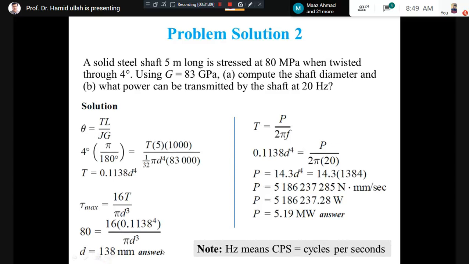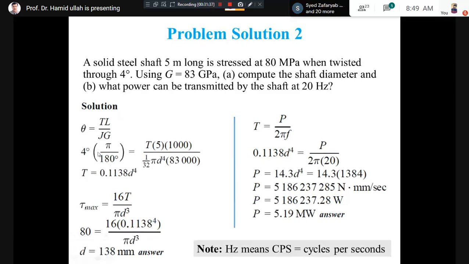Okay, and then J, the polar moment of inertia for a circular body, is pi d to the 4 by 32. G value is given, 83. One thing you remember, it is multiplied with pi divided by 180 degree. This is the conversion, because the angle is given in degree, you will convert into radian.